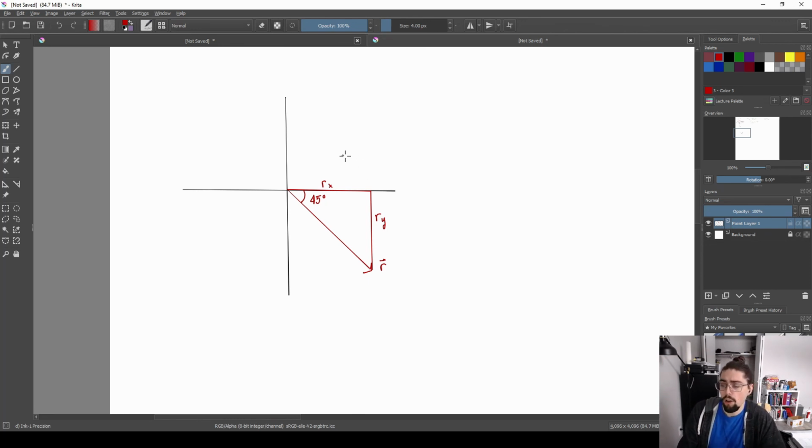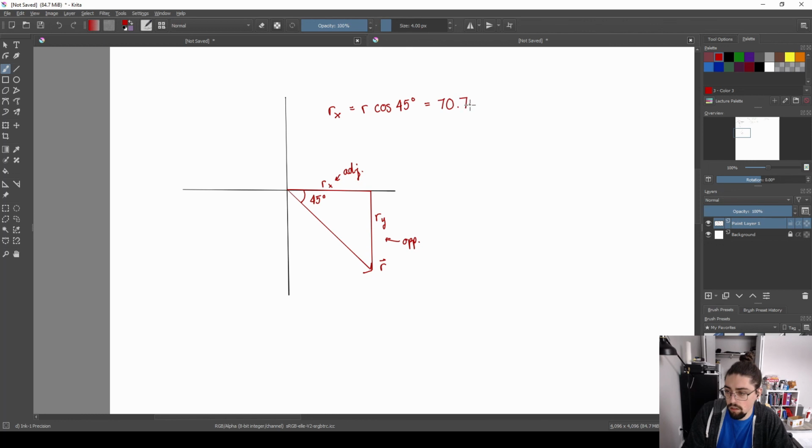But what I can do now is I can say, okay, well, then each of these components would be r of x is equal to, if I look at this side, I say, hey, my angle right here, this is adjacent. This is opposite. So following my classic SOHCAHTOA rules, I could say, well, then r of x would be equal to r times cosine of 45. R times cosine of 45 should give me something like, I think, 70.71.